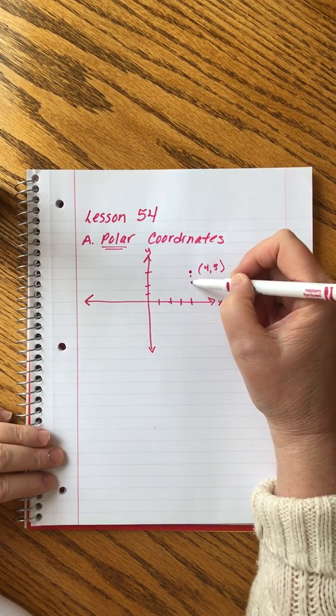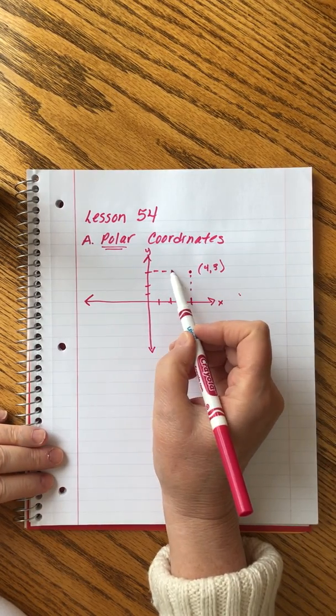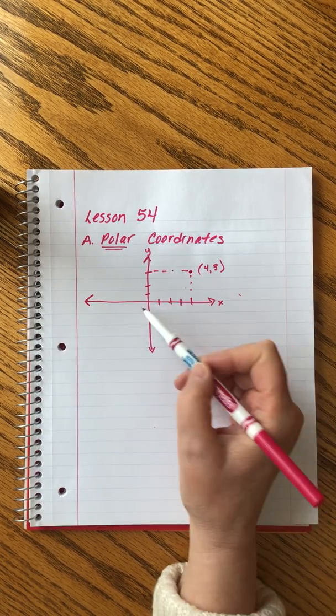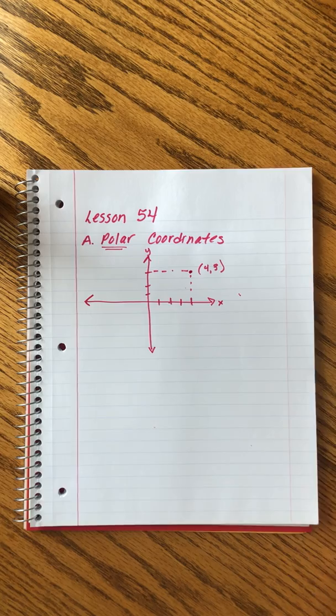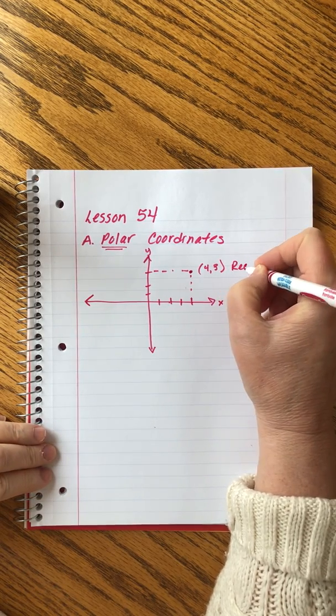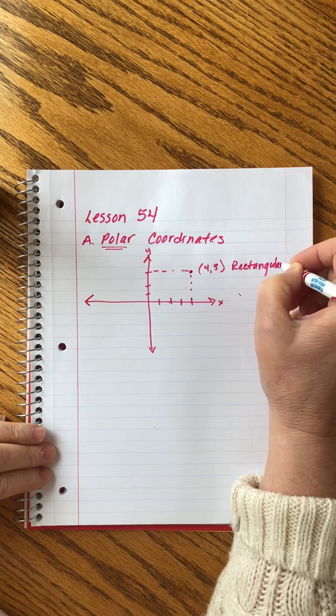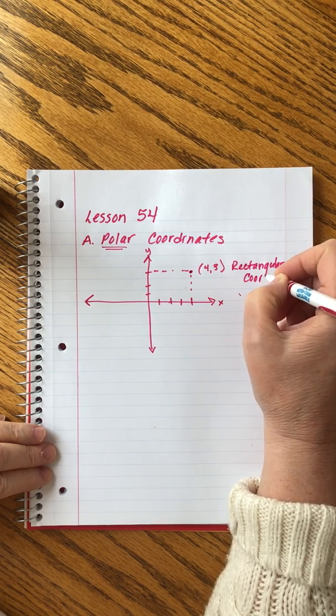And so what we were doing was basically building a rectangle from the origin to the point and then measuring those distances. So this is what we would call a rectangular coordinate.